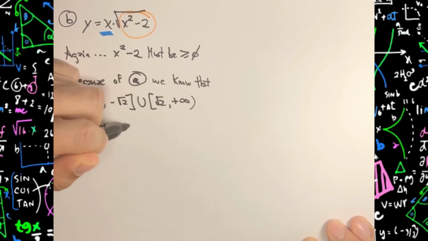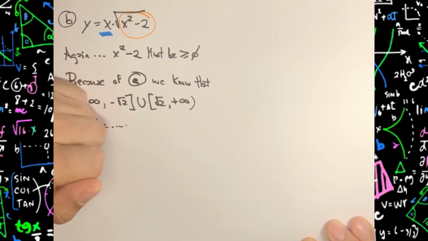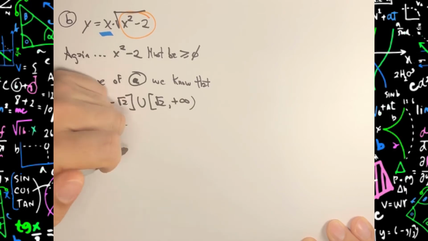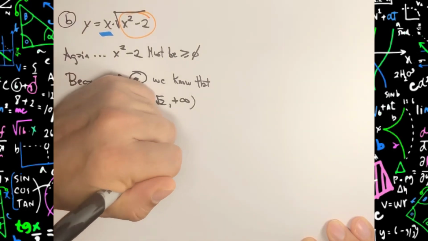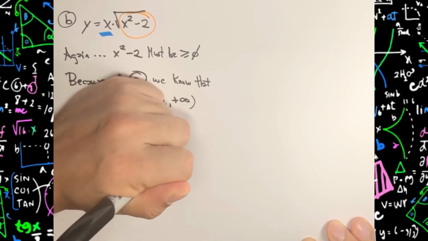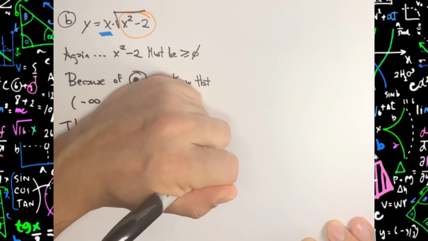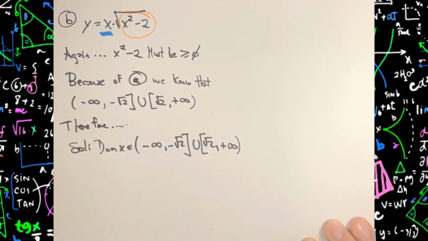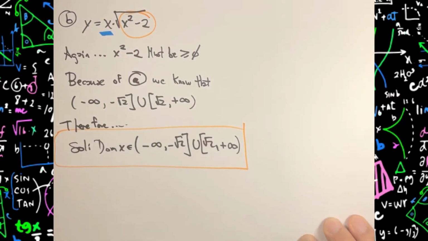So therefore, the domain of the function is the x's that belong to the interval minus infinity to minus square root of 2, union with square root of 2 to plus infinity. And there we go. That is our solution. That way we guaranteed existence of the square root.